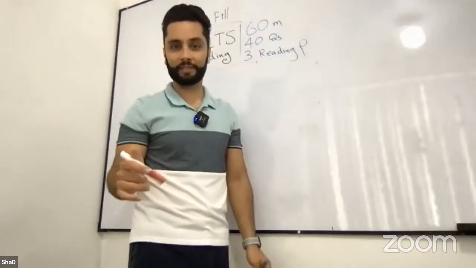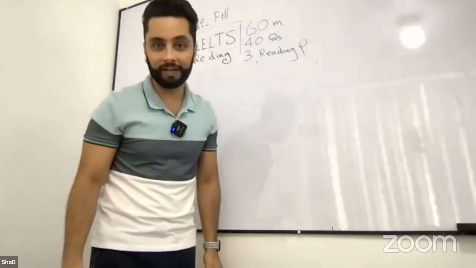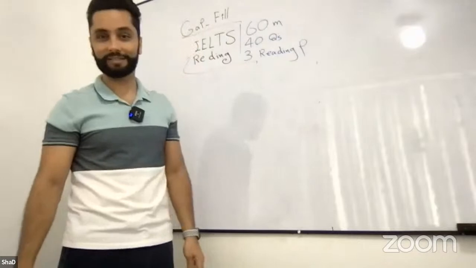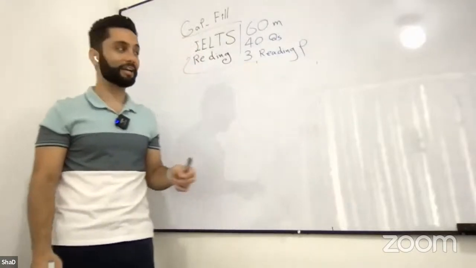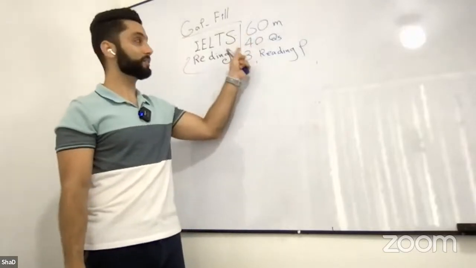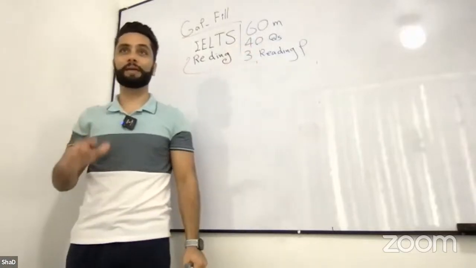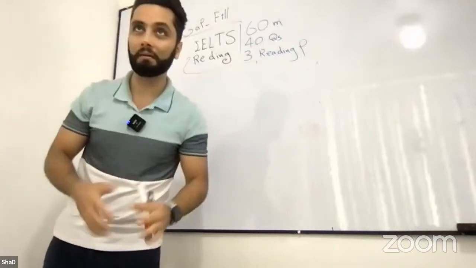Okay, so here I see, no, that's not 2 minutes. It's not correct. It's less than that. 60 minutes, 40 questions, so it's going to be a minute and something.